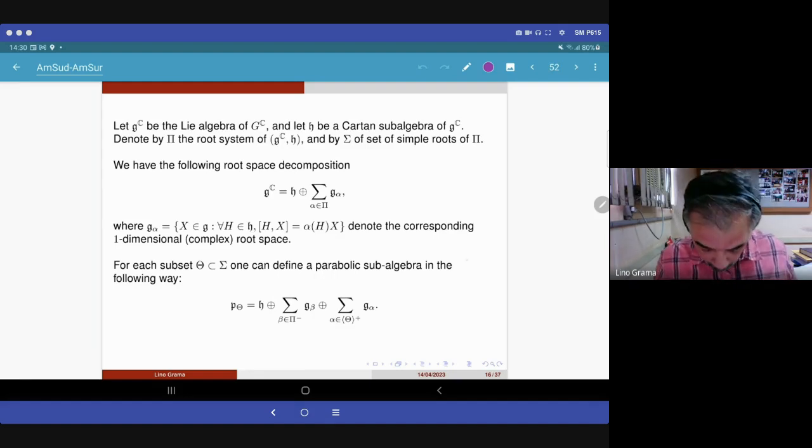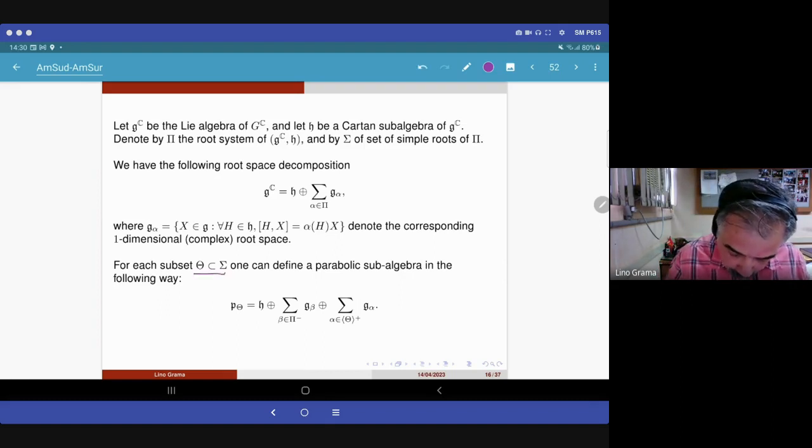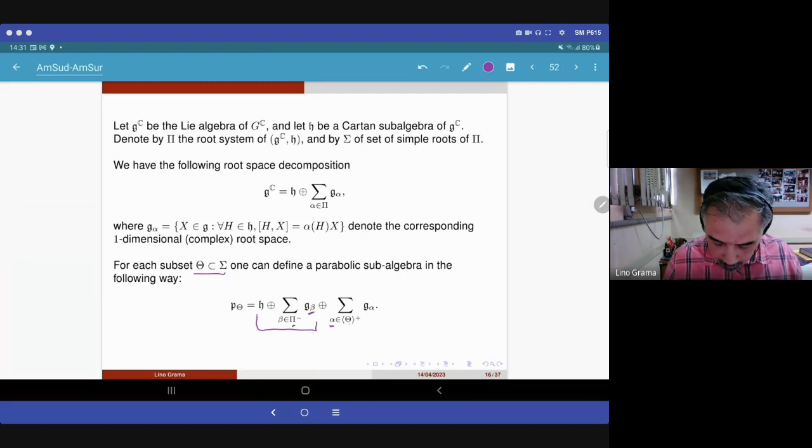Now this is very important actually. For each subset of the set of simple roots, we can define a parabolic subalgebra in the following way. The parabolic will be this part, the same as the Cartan subalgebra, plus the sum of all root spaces for negative roots, plus these roots alpha in the set of roots spanned by this subset of simple roots.